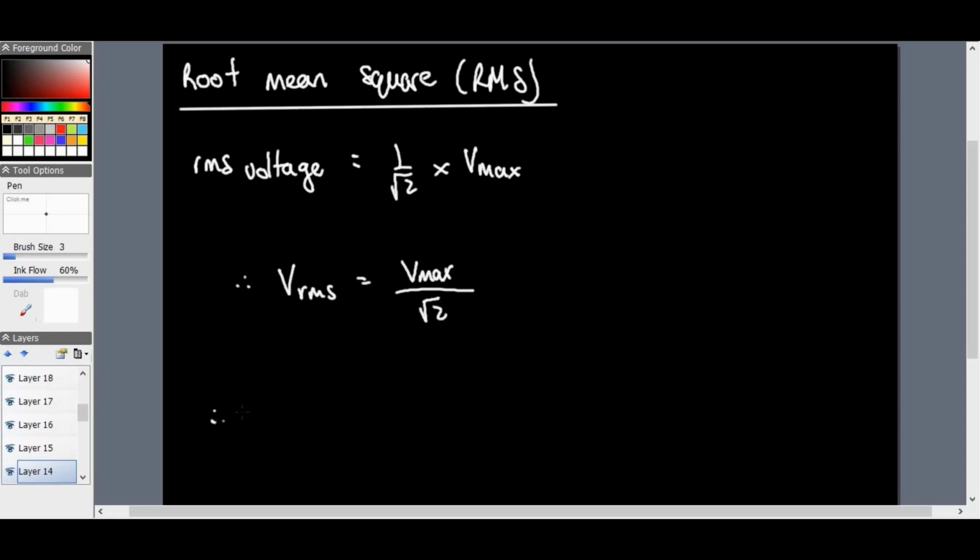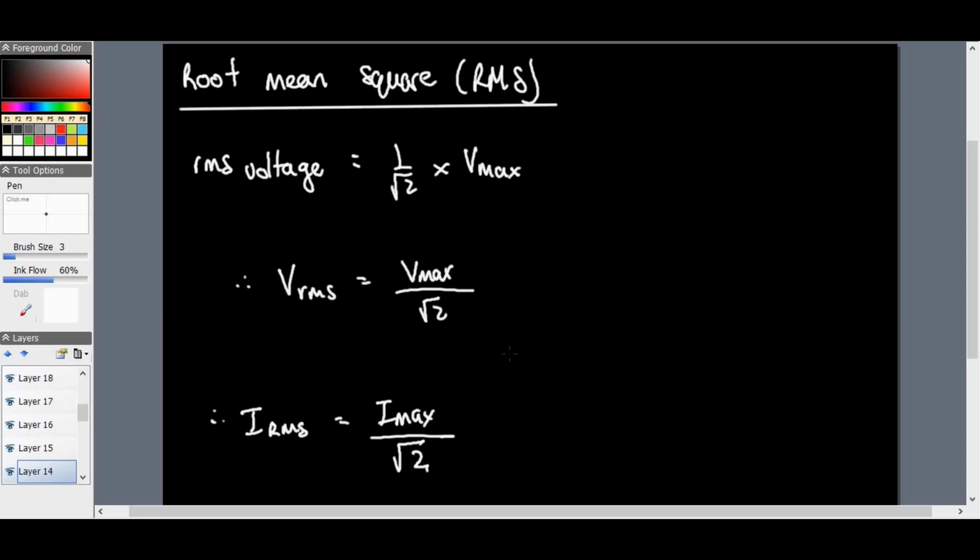And then you'll have current as well, which is the same. The constant direct current will have the same energy dissipation as an alternating current, is 1 over square root 2 of the maximum alternating current. So Irms will equal Imax, or the maximum current, also divided by square root 2.